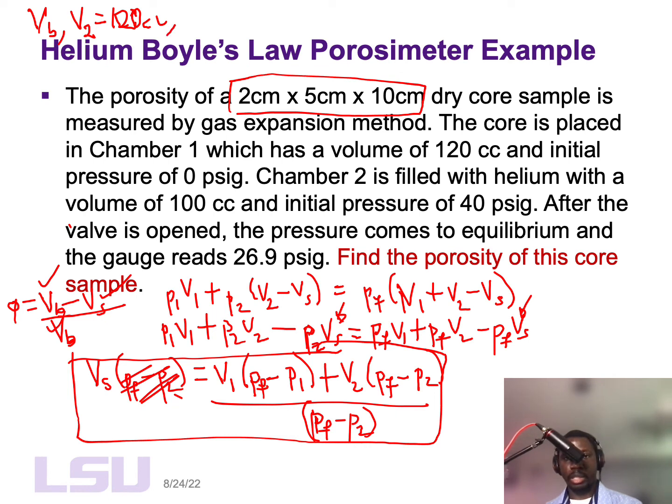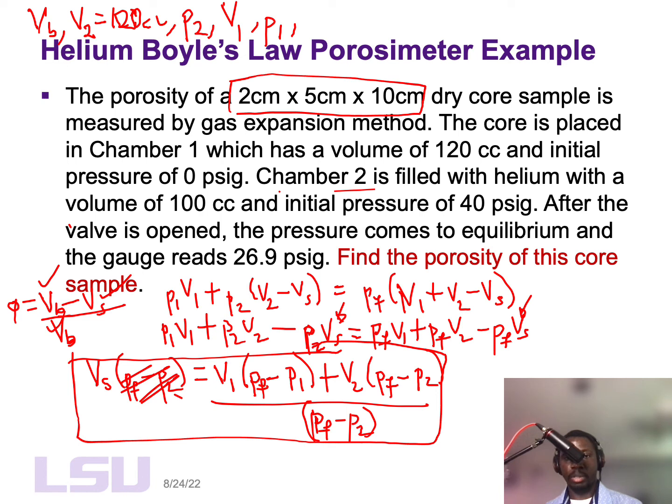What else? Initial pressure. You're given the initial pressure of chamber 1, which is cell 2. Chamber 2, you're also given the volume, so that will be V1, and the pressure, and that's P1. I'm no longer writing the values, just for time.